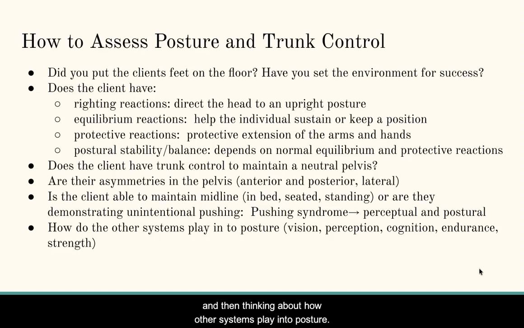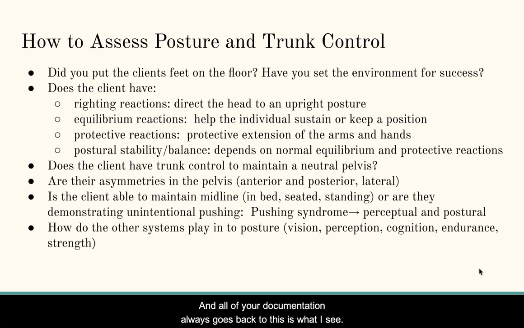And then thinking about how other systems play into posture. So vision, do they have their glasses? Does that impact their ability to maintain their posture? Their cognition, their overall endurance, their overall strength. These are all key components that play into what you're evaluating, how you're evaluating, and then how you're documenting it.